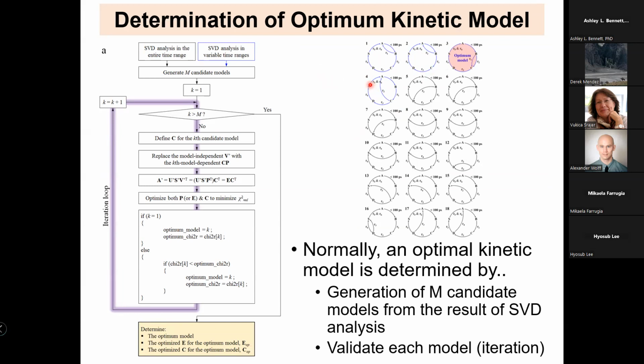This complexity arises from the fact that determining the optimal kinetic model involves a significant amount of trial and error. Typically, this process involves first listing all the possible candidate models as shown like this, and then verifying all the kinetic models.